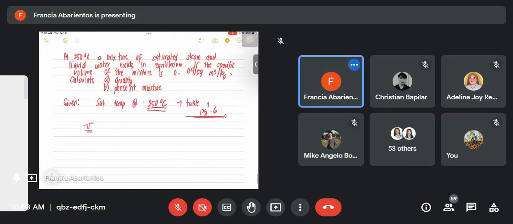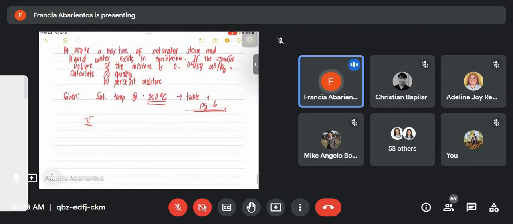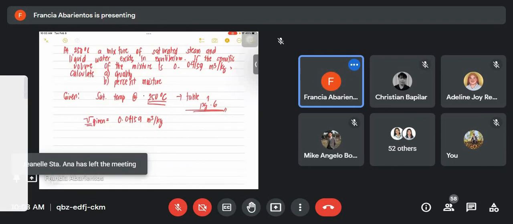The given specific volume in the problem is 0.04159 cubic meter per kilogram.